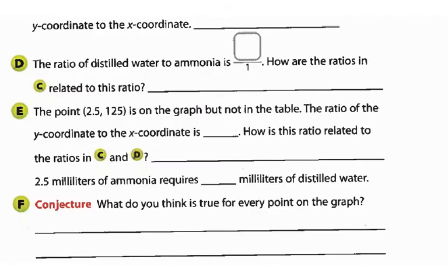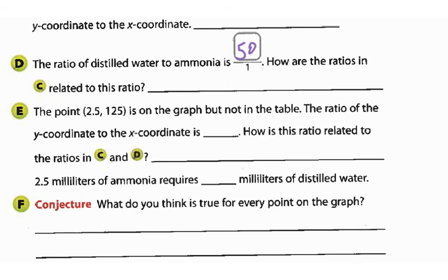Okay, so we're just going to keep going and filling in the questions that they ask for this activity. Part D says the ratio of distilled water to ammonia is what? Well, we've already filled that in previously, and you know that it's 50 to 1. How are the ratios in C related to this ratio?